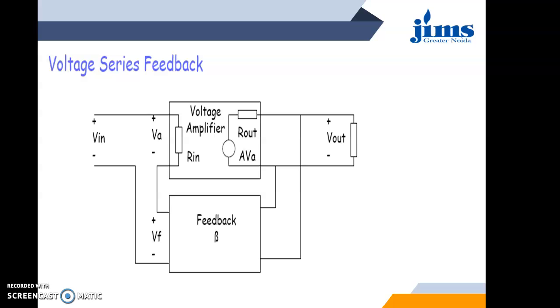So the very first configuration is voltage series feedback. It is called voltage series because the input signal applied is voltage and the output comes to the input in series form. The input port is connected in series, and the energy fed to the feedback network from the output is voltage.